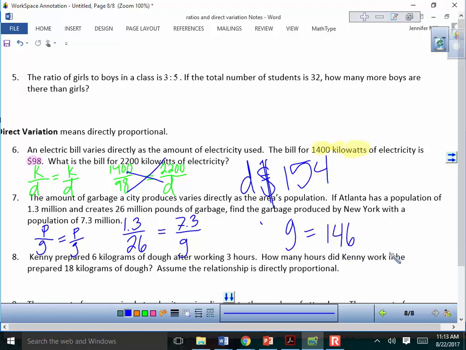146 what? $146,000? The answer is 146,000. 146 what? 146 garbage. Time out. Guys, excuse me.